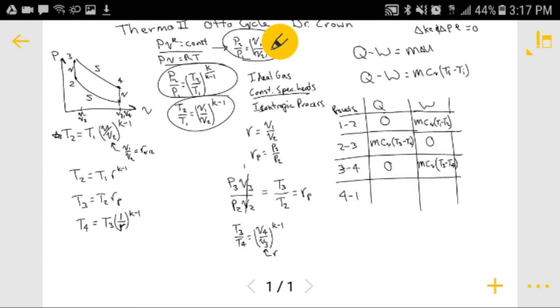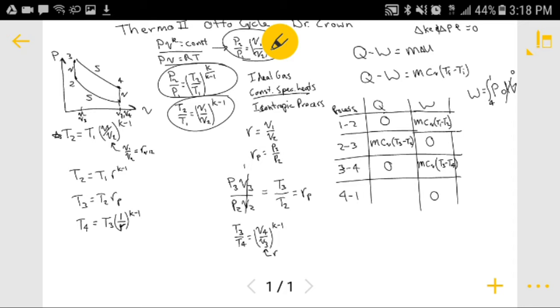In this case, constant volume, so the integral of P dV. If you're wondering how I know it's constant, dW equals the integral of P dV, and from 4 to 1, dV is 0.